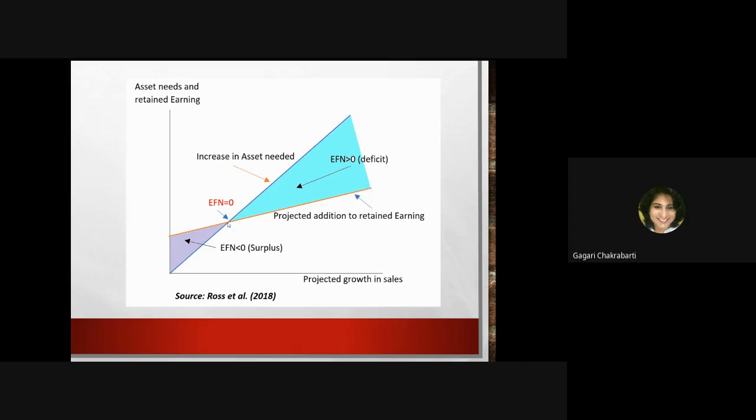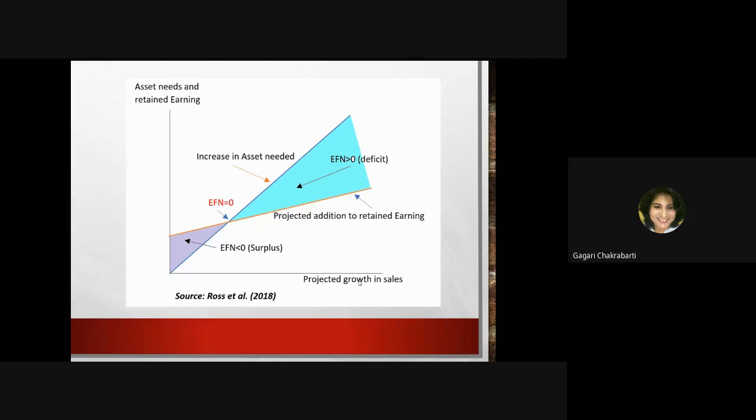Therefore, for the same amount of increase in the projected growth in sales, the addition to retained earning will be lesser than the increase in the asset needed. Now, this line may have a higher slope if you could change the retention ratio also. So your projected earning is increasing and your projected sales are increasing, and at the same time you are also increasing your retention ratio.